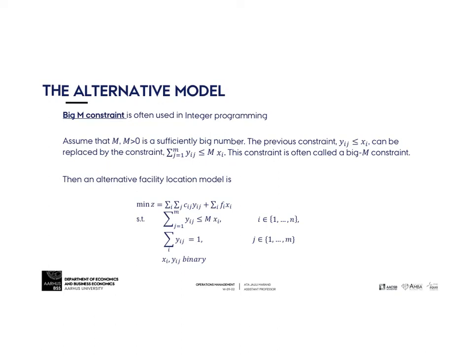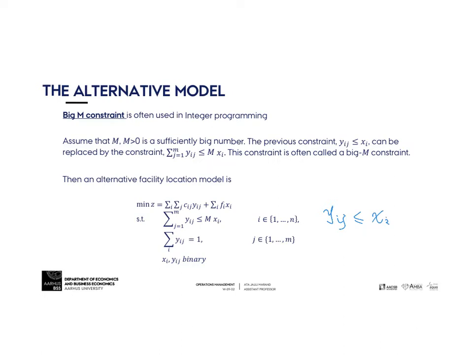So based on the previous model, now we can try to explain the big M constraints. Previously we had y_ij less than or equal to x_i.